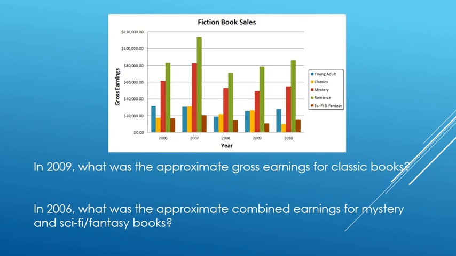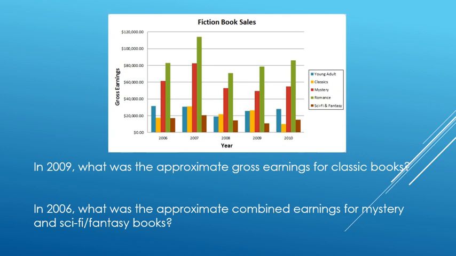So first one here, in the year 2009, what was the approximate gross earnings for classic books? And we say that this is approximate because we can see on this graph on the left-hand side that it just gives us the larger, nicer numbers: 20,000, 40,000, 60,000, and so up.